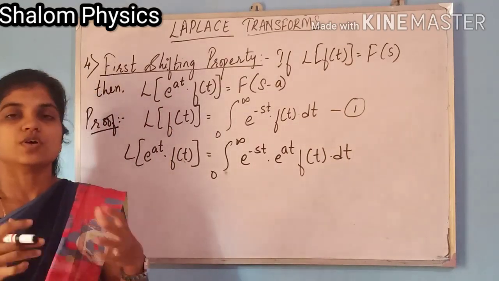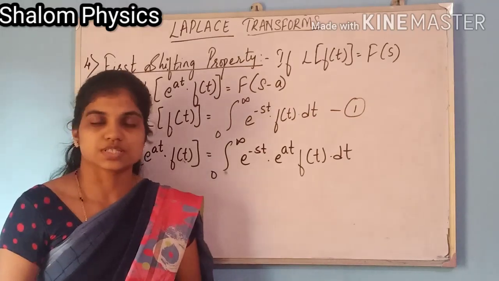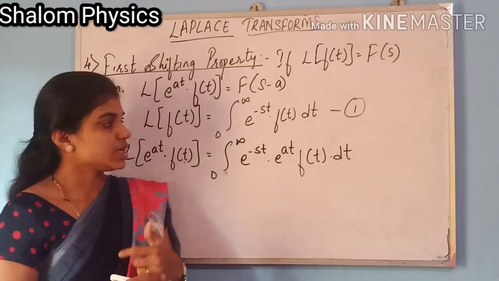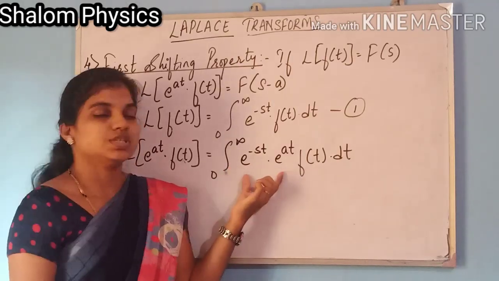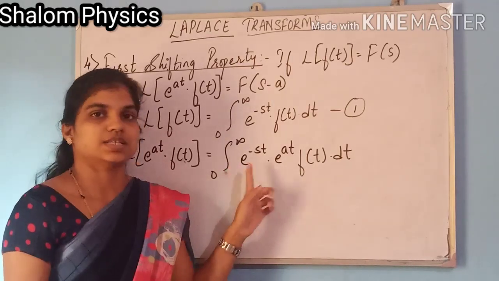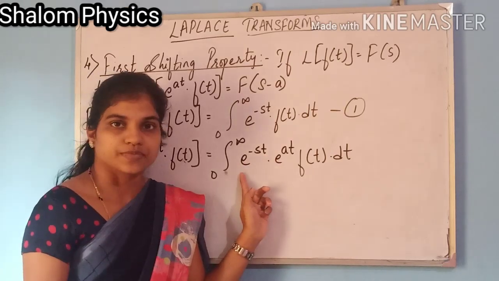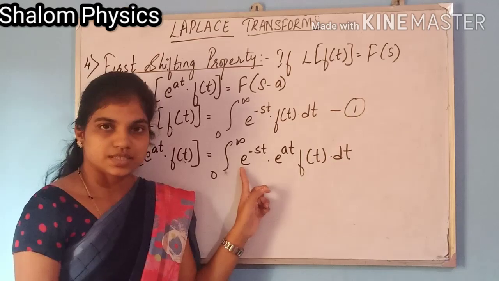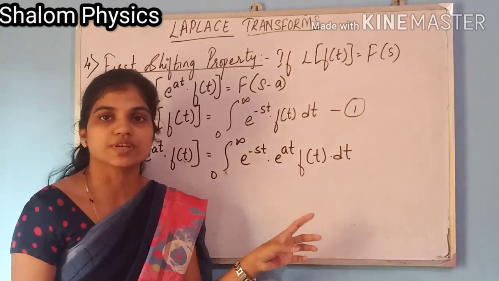Now, we all have studied the law of indices or the law of exponents in our school days. If you see these two terms, e raised to minus st and e raised to at, the bases are the same. So when the bases are the same, the exponents get added up. This is the law of indices.